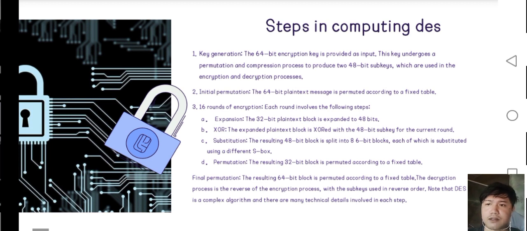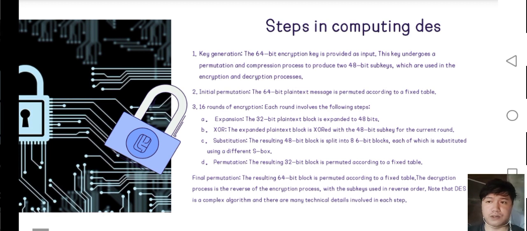The result is a new binary string with 56 bits, which is called the permuted key. Next, the permuted key is divided into two halves of 28 bits each, called C and D. These halves undergo a compression process which reduces each half from 28 bits to 24 bits.